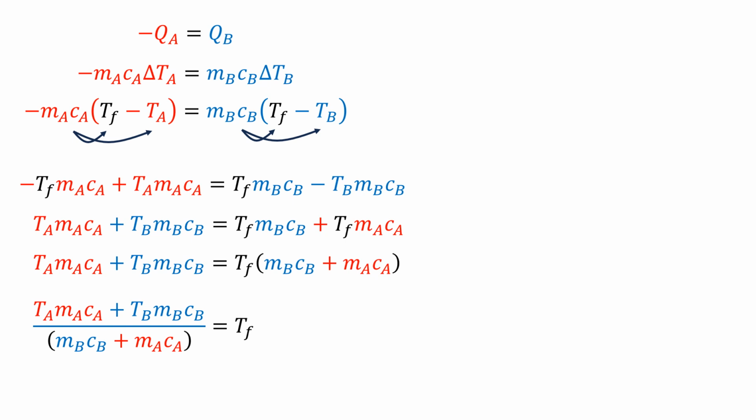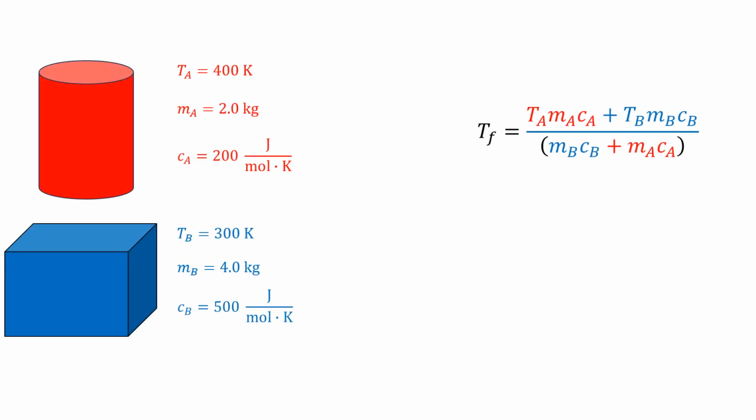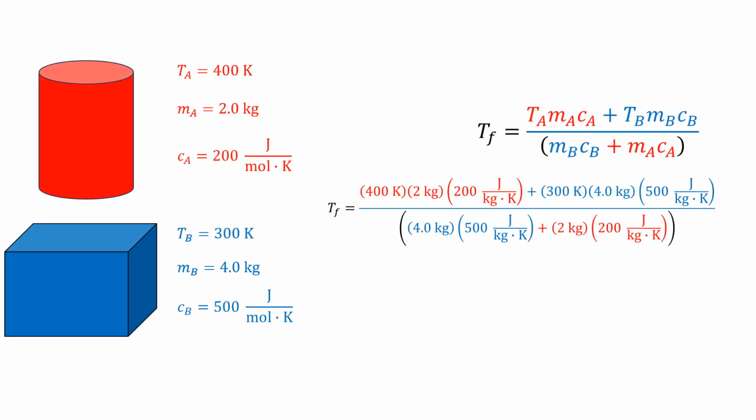You've got a lot of letters. But we're distributing, rearranging to combine like terms, and then factoring and dividing. It's going back to where our numbers were. Substituting our numbers again looks yucky because there's a lot of them. But all those numbers, when you do the arithmetic, boil down to 317 Kelvin.